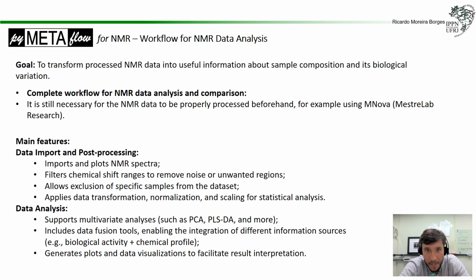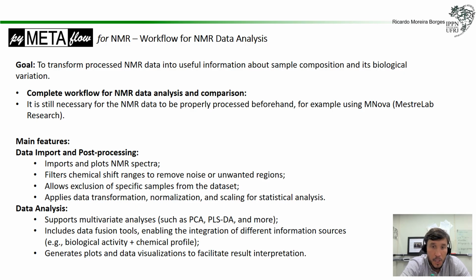So about the main features, we have data imports and post-processing part. I'm saying post-processing just because you firstly do the MNova processing part, and then this part, and then the data analysis. So we do importing plots for NMR spectra, filter chemical shift range, and remove noise or any unwanted regions.